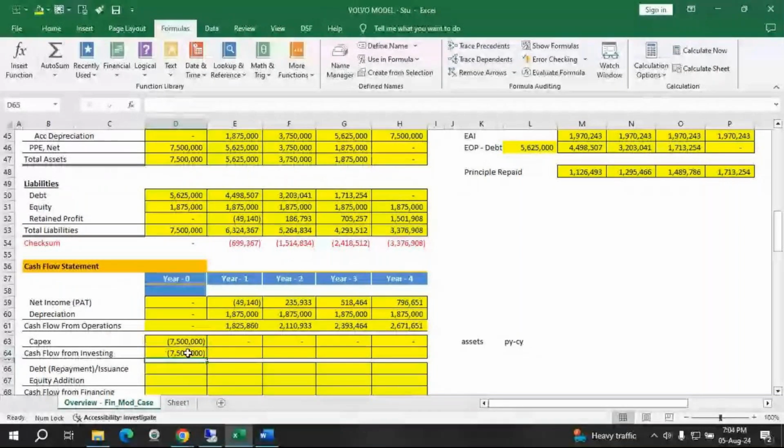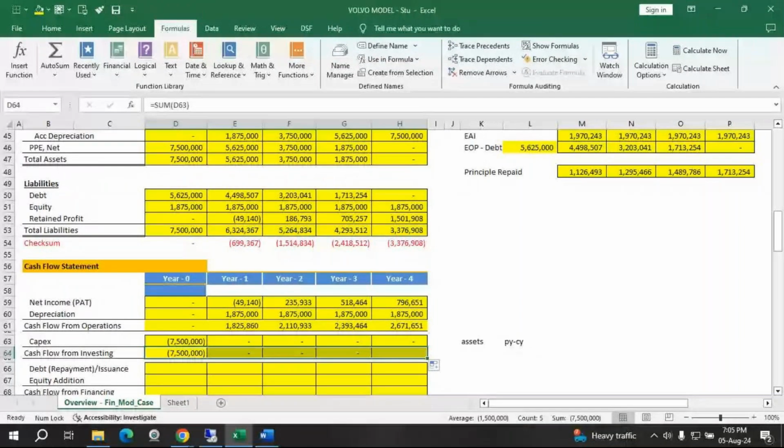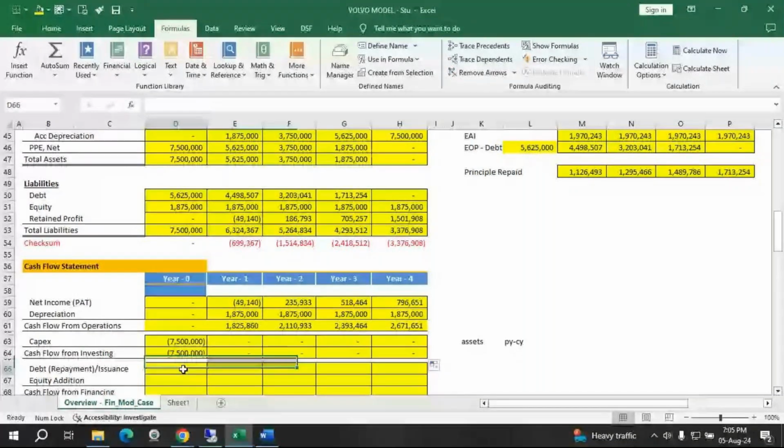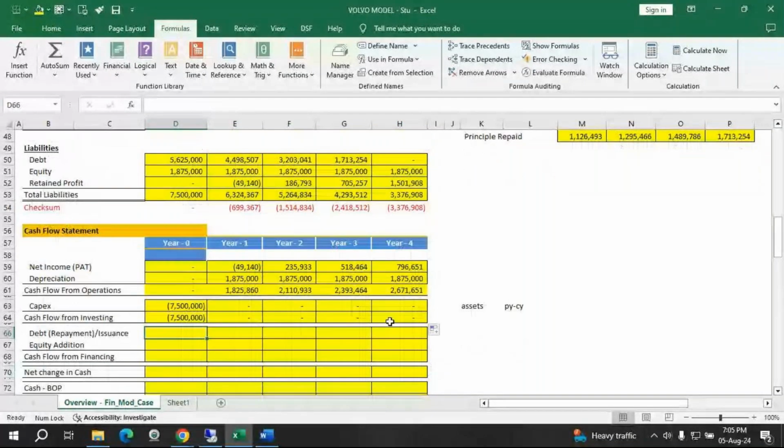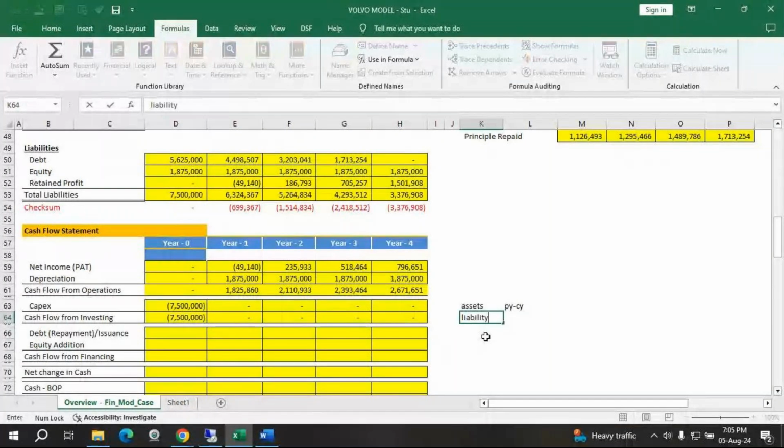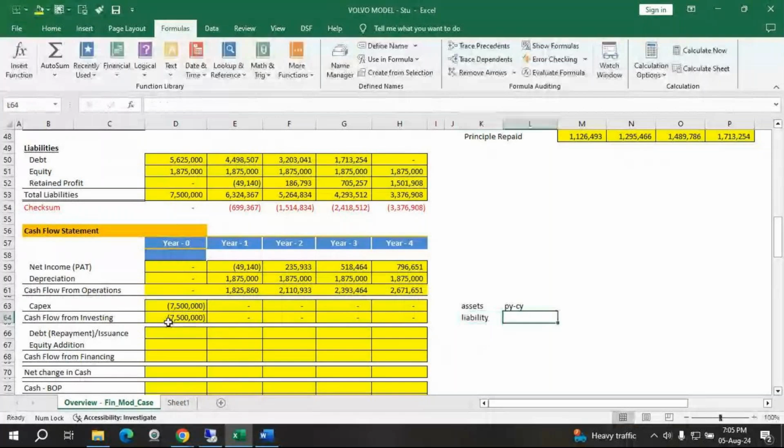Then debt, that is liability. How will it be calculated? It will be current year minus previous year.